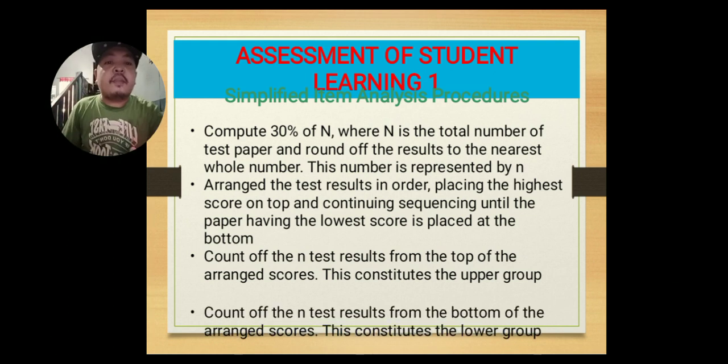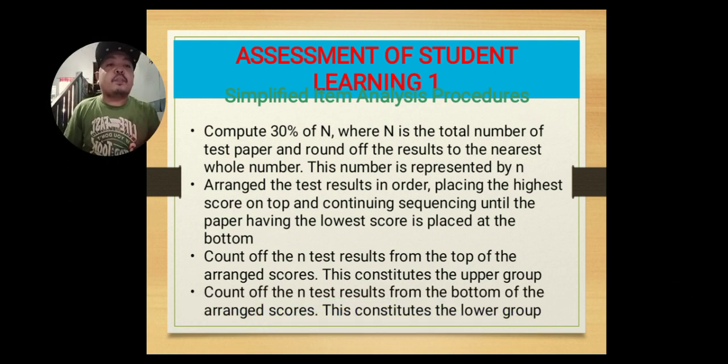And then your step number 4, count the n test results from the bottom of the arranged scores. This constitutes your lower group. So again, if the small letter n is 15, you get the top 15 and you get the bottom 15. Okay? Yung 15 na pinakamataas at yung 15 na pinakamababa.